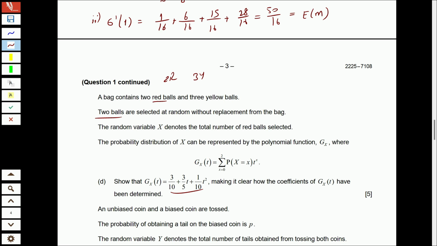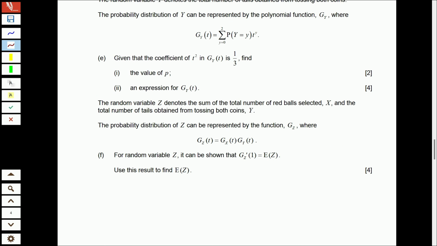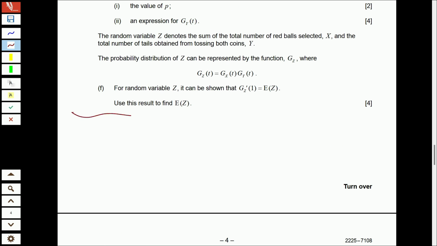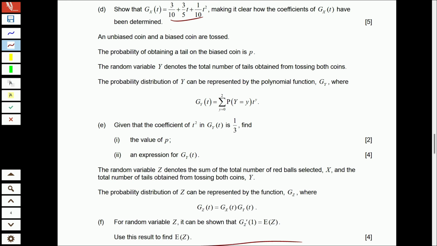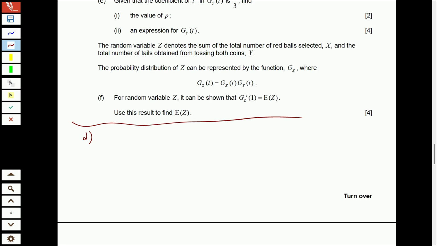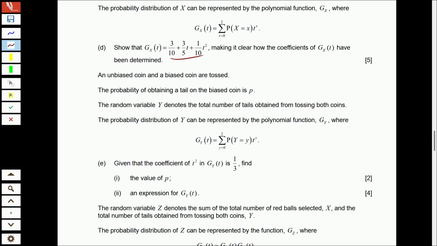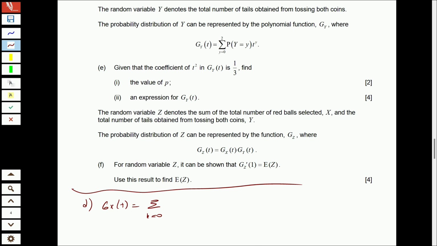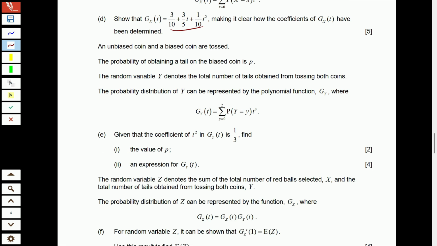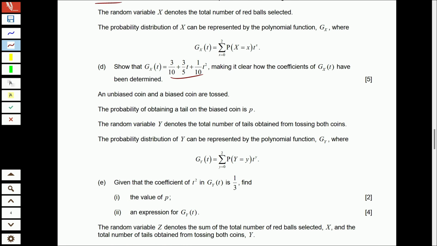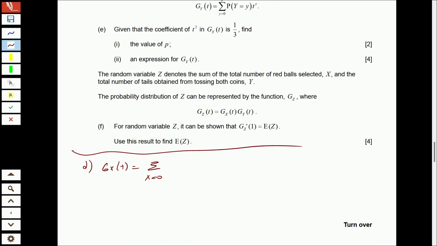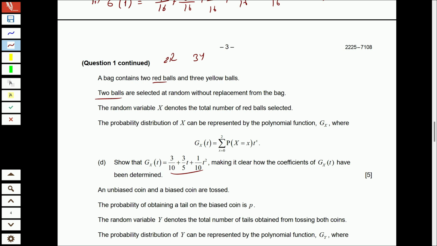So x is the number of red balls selected. I'm going to write it somewhere here. The function is the sum of the probability of x times t to the power of x.